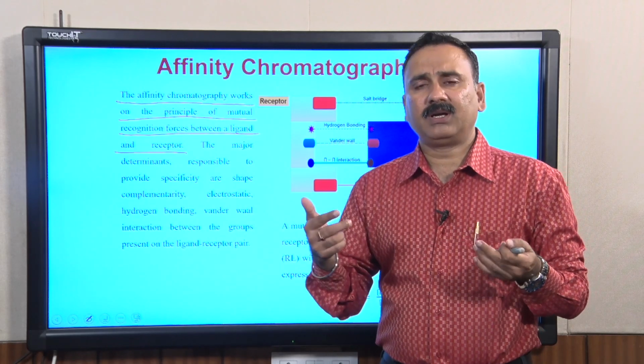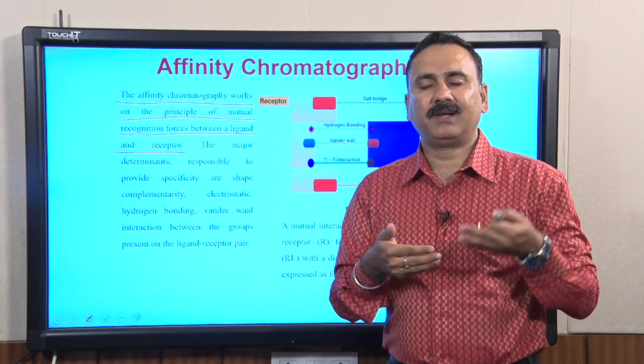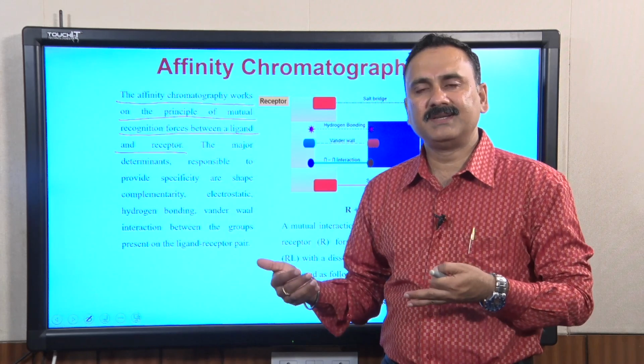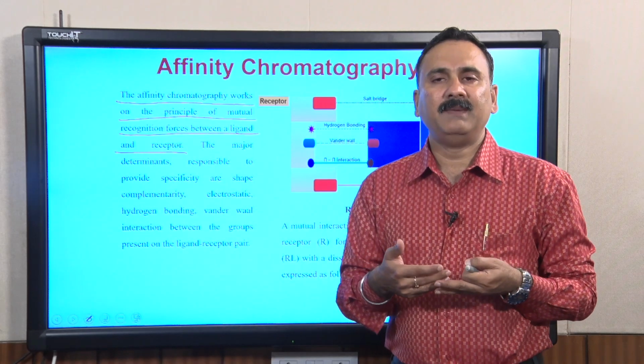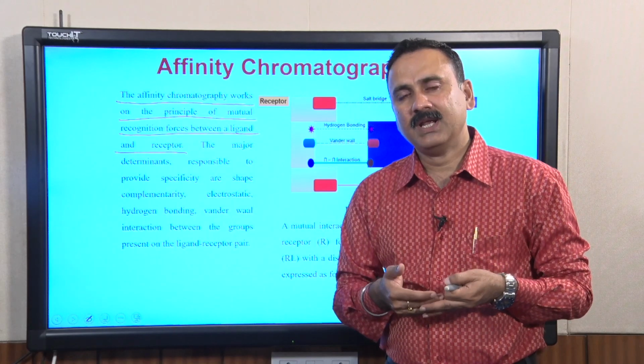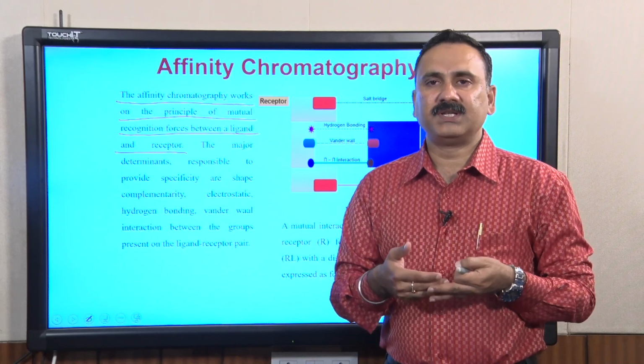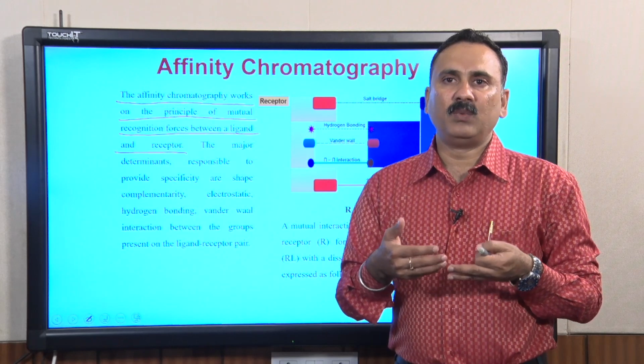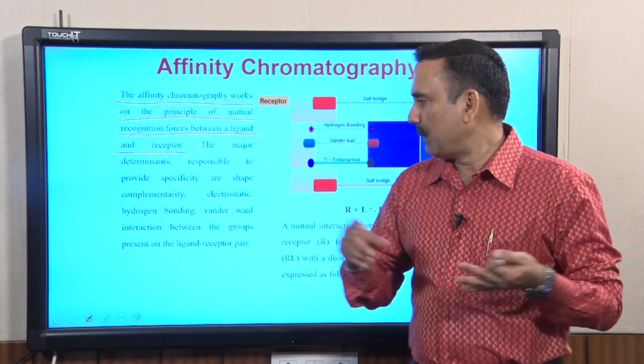So, this philosophy is that a receptor is going to recognize its ligands simply by having mutual and exclusive forces. So, what forces govern between a receptor and the ligand?